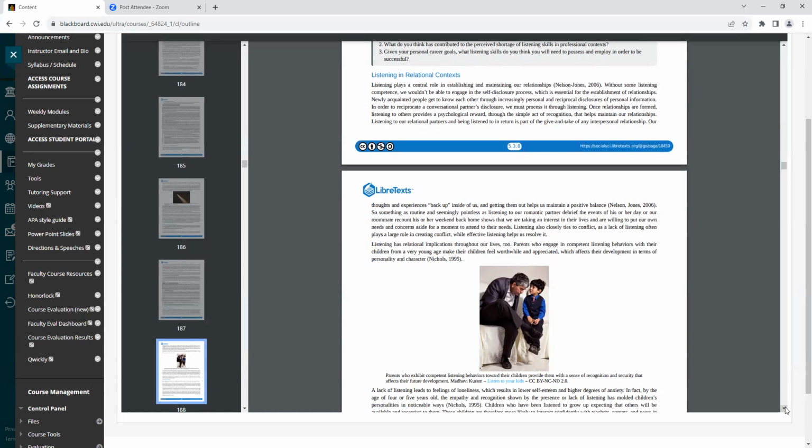In order to reciprocate a conversational partner's disclosure, we must process it through listening. Once relationships are formed, listening to others provides a psychological reward through the simple act of recognition that helps maintain our relationships. Listening to our relational partners and being listened to in return is part of the give and take of any interpersonal relationship.